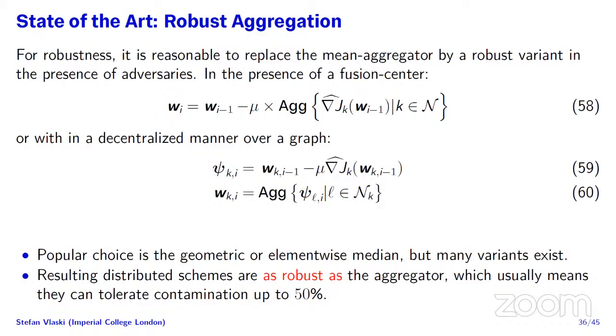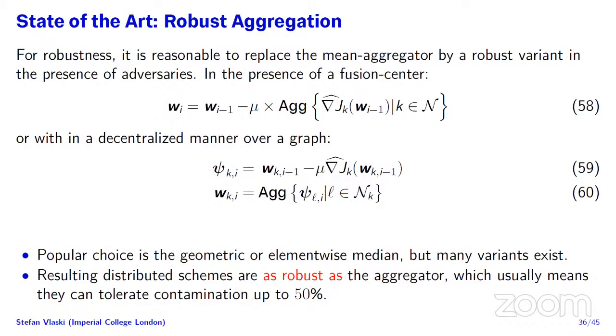So a reasonable thing to do is then to aggregate only in a robust way, okay? So I'm quite generically denoting this by the aggregation of the gradients over the set of all agents, right? But it's supposed to be a robust aggregator, okay? So a typical choice is to replace the average by the median, okay?